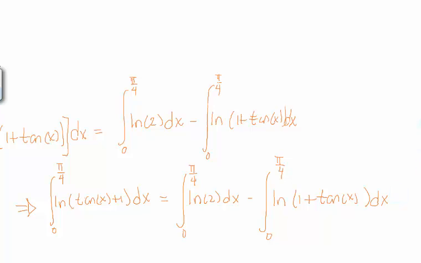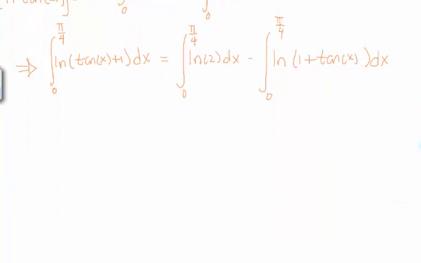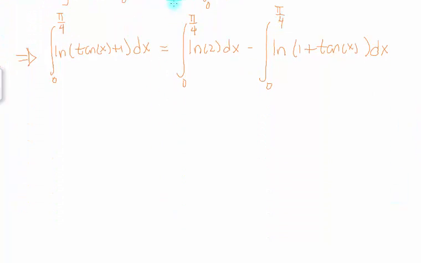Now, with this trick, you can take this integral from the right and move it to the left, right? Because it's a negative sign in the middle, so it becomes positive. So what we have is this integral plus this integral, which are the same.